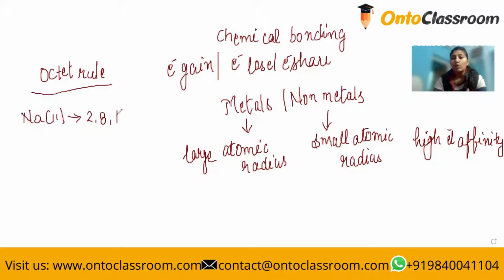So it has two options to complete its octet: either it can make 2, 8, 8, or it can have 2, 8. Now we need to see which one is more preferable for Na. As we already know, Na is a metal and its ionization potential is very low.